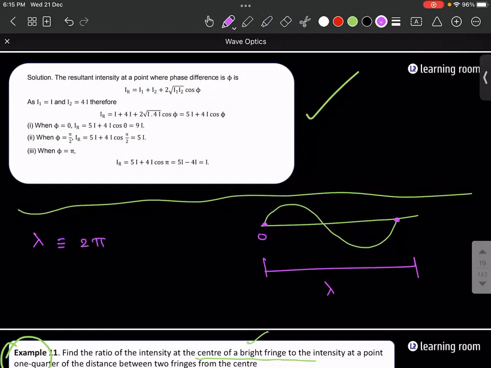For a path difference of, let's say, P, what is going to be the equivalent phase difference? Can I take it as phi? Yes, sir. So P will be equal to phi divided by 2 pi into lambda.